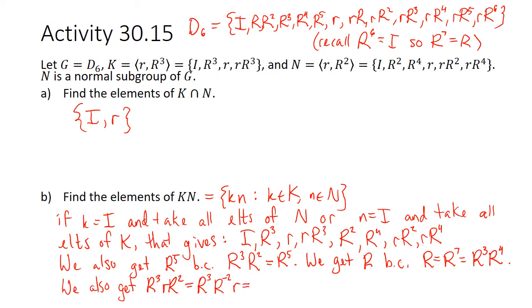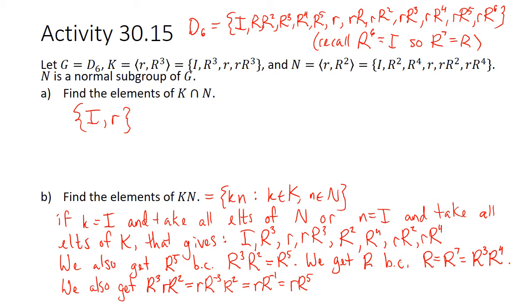So this will be, oh wait, that's not the direction I wanted to go. Let me do it in the other direction. So I move the r cubed across and make that one negative. Then this will be r to the -1, and then that will be r to the 5, because I'm adding 6 to the exponent there, since r to the 6 is the identity. And then I think I got all but one of them at this point.